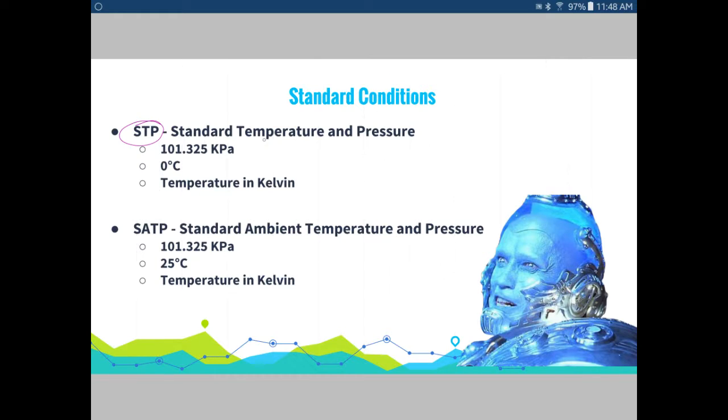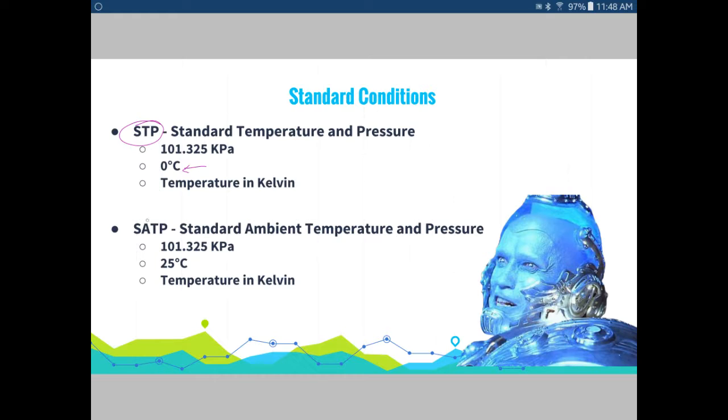We also said that our standard temperature was 0 degrees Celsius, and we would have our temperature in kelvins, which we will talk about in a little bit. Our standard temperature and pressure was hard to maintain because it's at 0 degrees Celsius. Not many lab conditions could maintain 0 degrees Celsius, depending on where they were around the world.